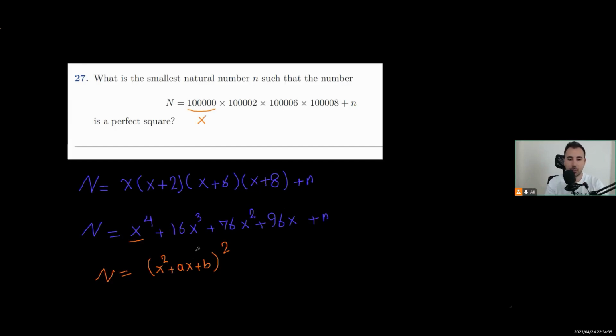So I will expand this, at least some of it, and we compare it with this, and then we find a and b. Let me clean this to make it easier to understand. I'll write this one more time because it would be easier to explain.